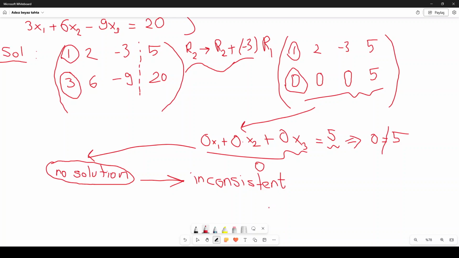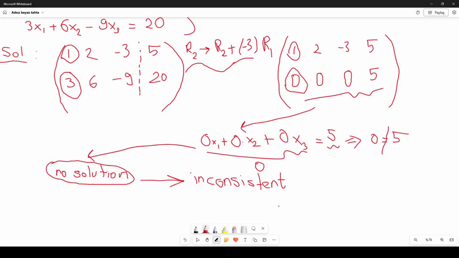Okay, can we generalize this conclusion? Yes, we can. No matter what kind of system we are given, the number of equations, the number of unknown variables, or the right hand side values can change. That doesn't matter. What we are looking at is the row echelon form, or the reduced row echelon form, that we obtained in the end.